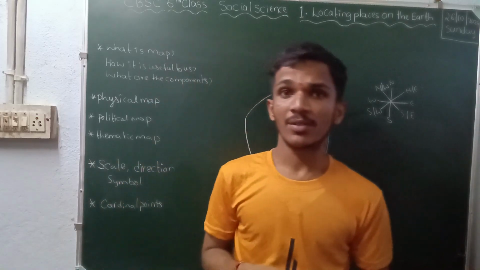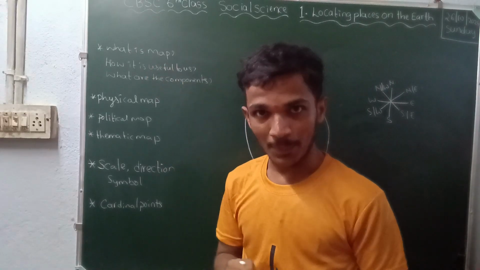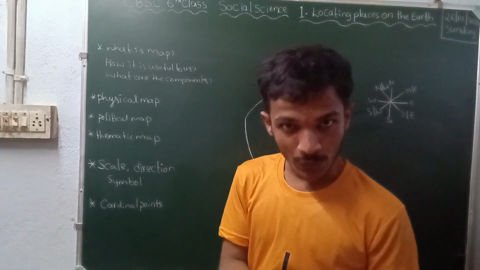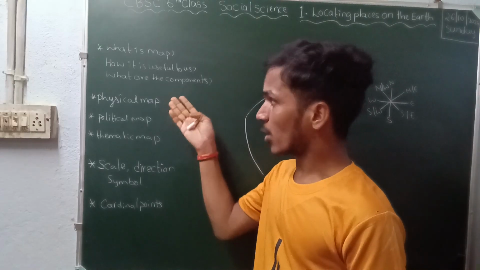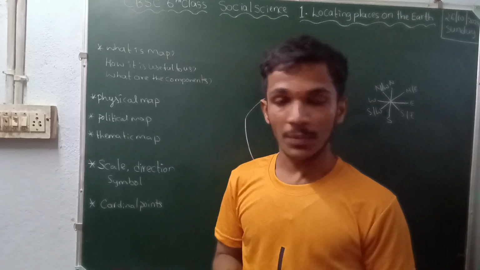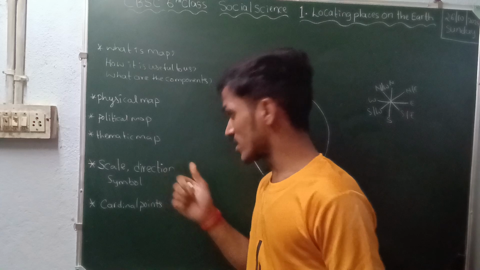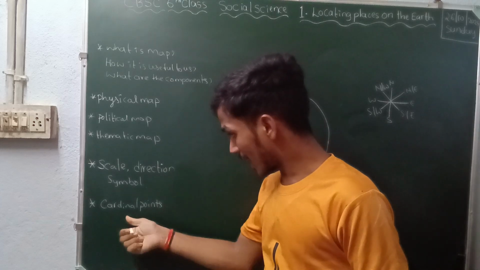Next, we came to know what a map is, how it is useful to us, what the components in the map are, what a physical map, political map, and thematic map are, what scale is, as well as what direction and cardinal points are.